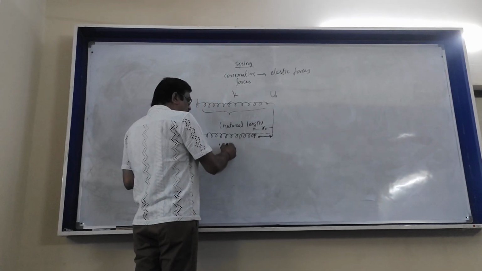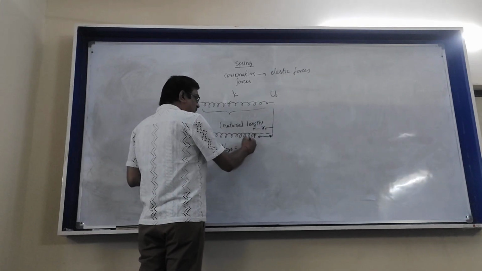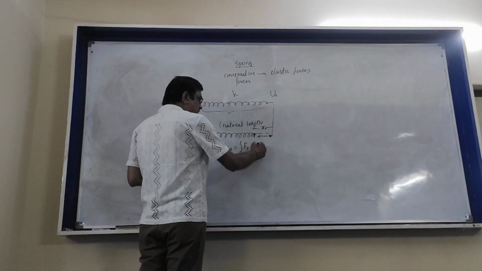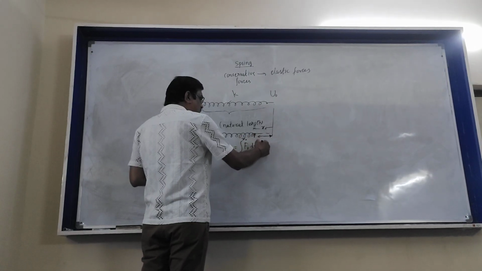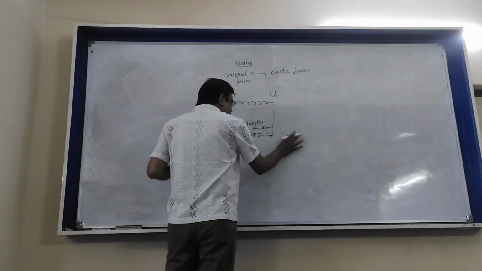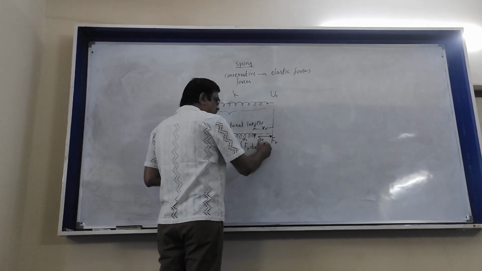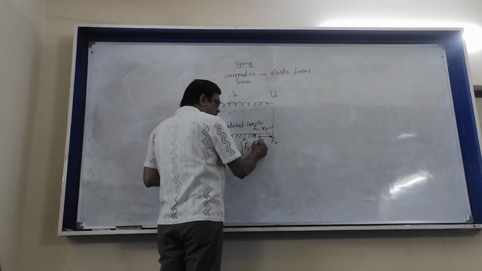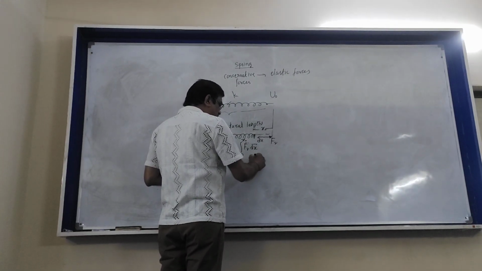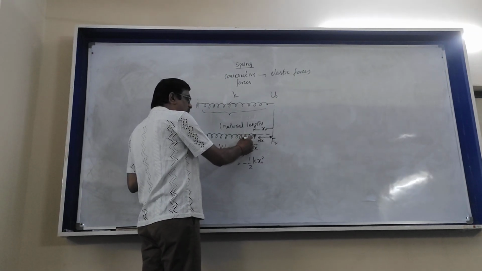So work done by the system forces, let us say, will be the integral of restoring force into dx, where x varies from 0 to x naught, which you will get as half kx square with a minus sign. Force is in this direction, displacement is in this direction. When you take the dot product, you will have a minus sign there. So it will be minus half kx square after integrating.